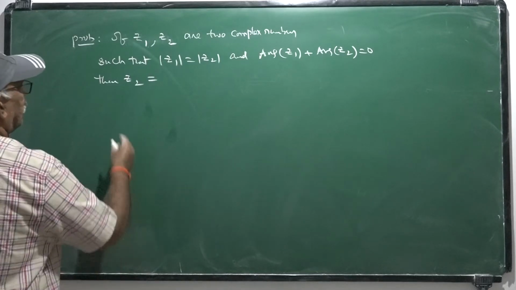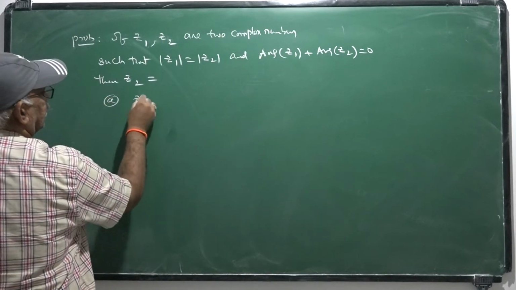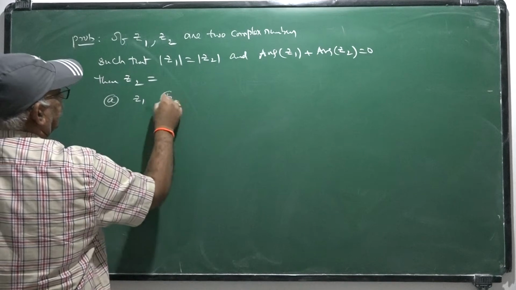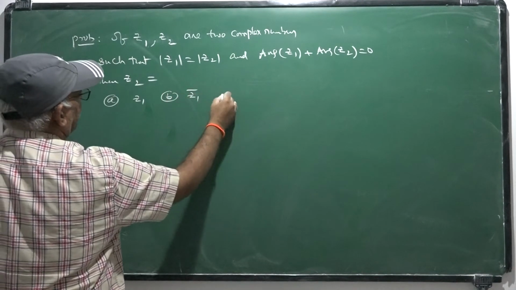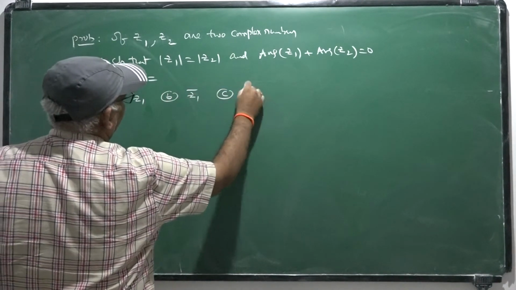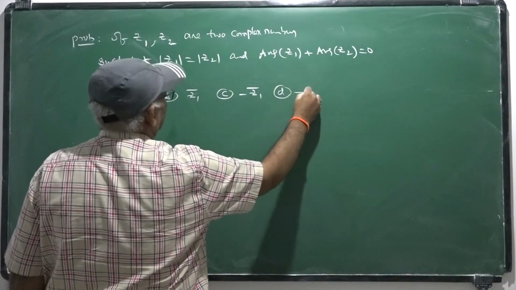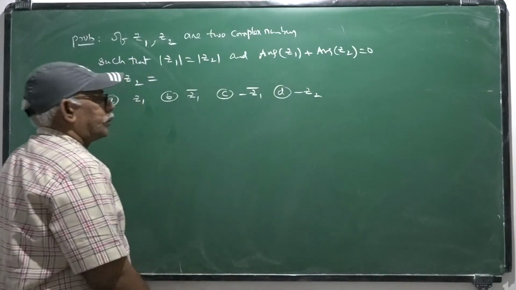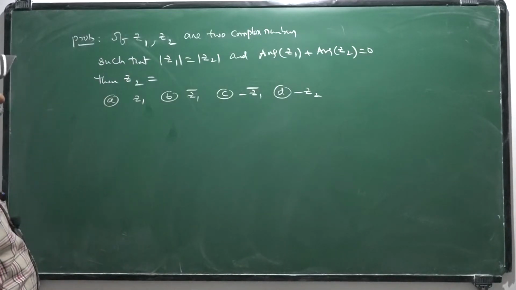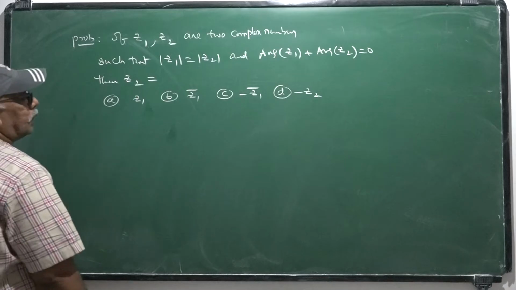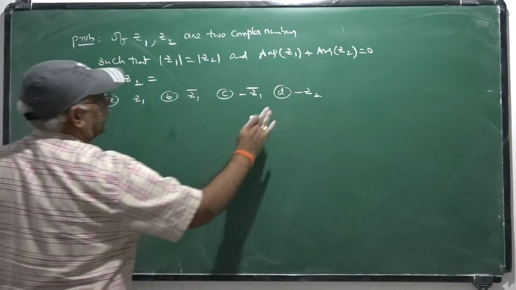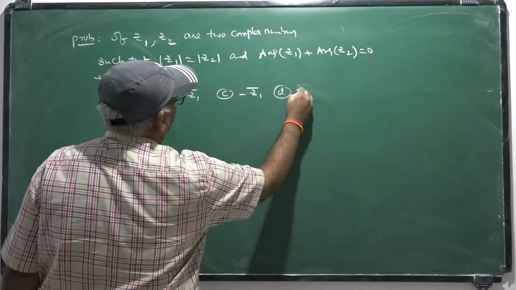The options are like this: z1, z1 bar, minus z1 bar, minus z2, or none.